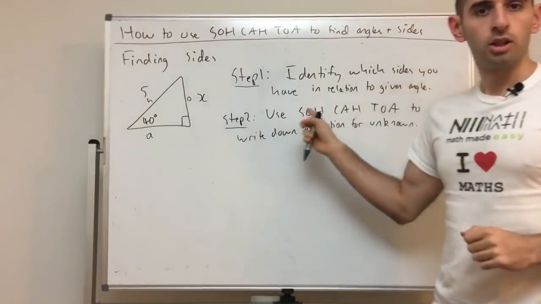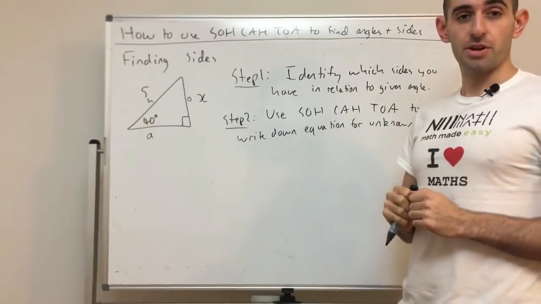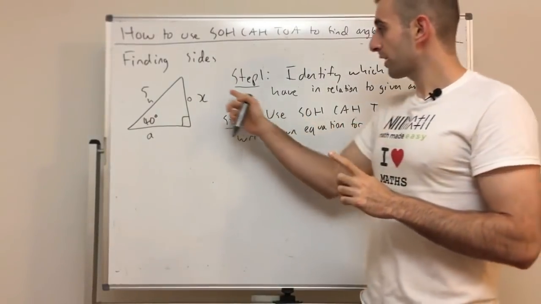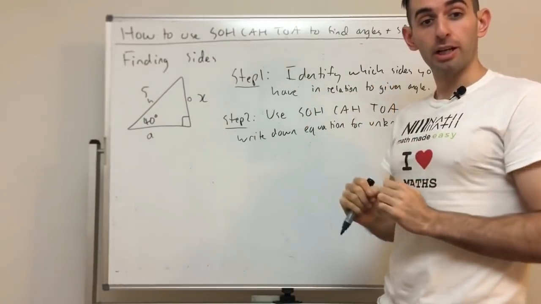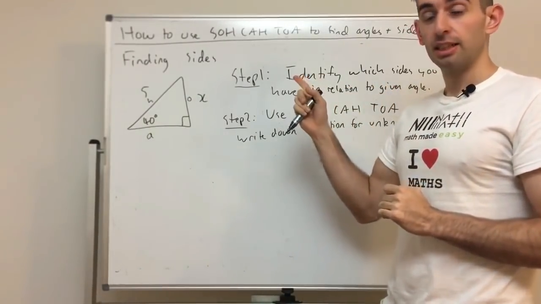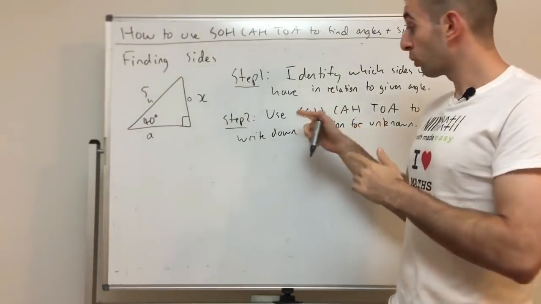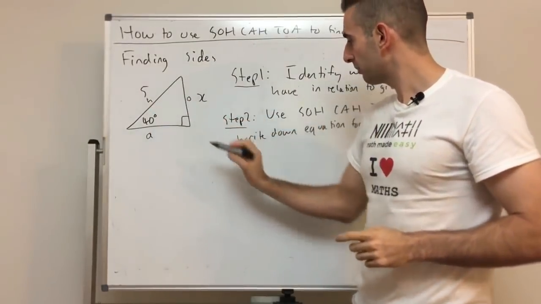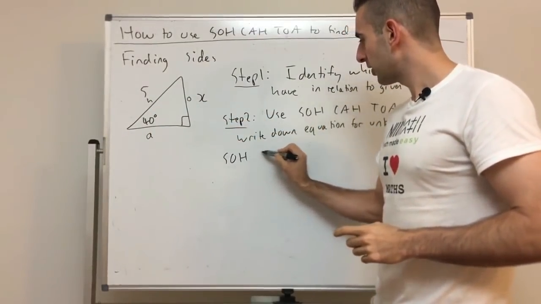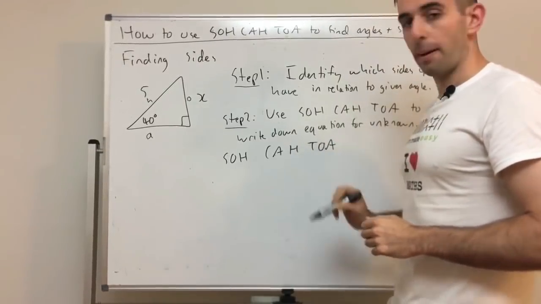Step 2, use SOH CAH TOA to write down an equation for the unknown. At this point, we're trying to find x, so now we need to write down the appropriate trig ratio to find x. When I'm starting out in the question, you're not going to be given SOH CAH TOA, so write it down. So in an exam, I see this question, I've labeled the sides, I'm going to write down SOH CAH TOA.